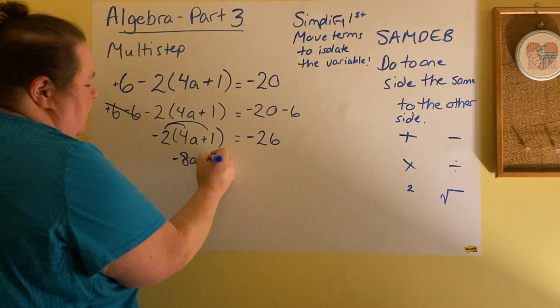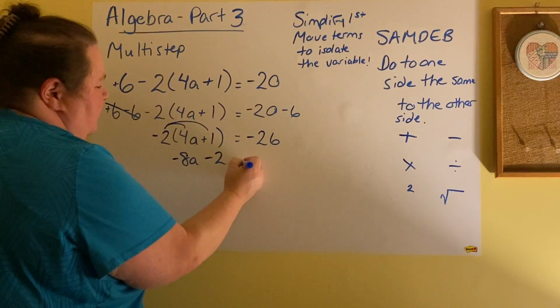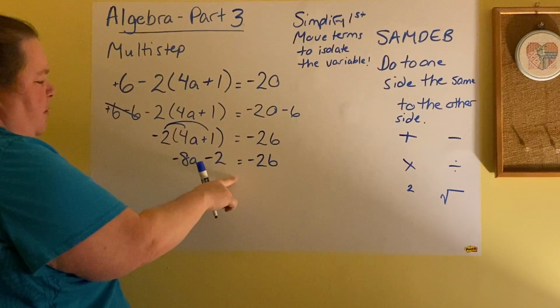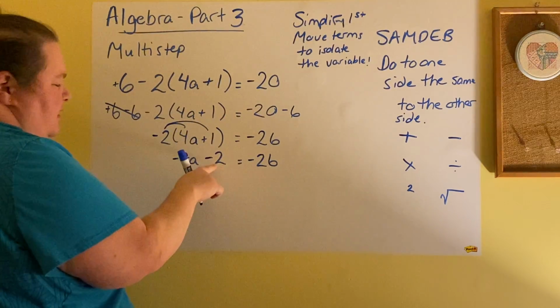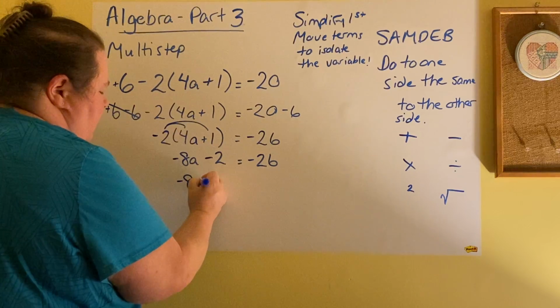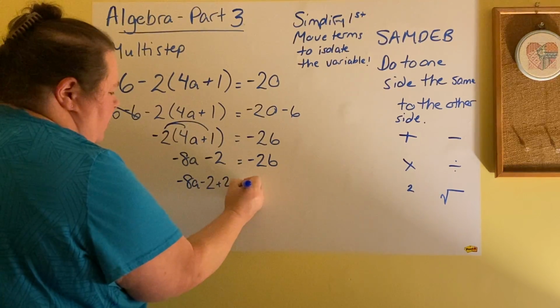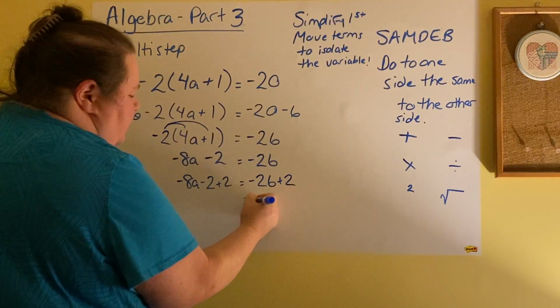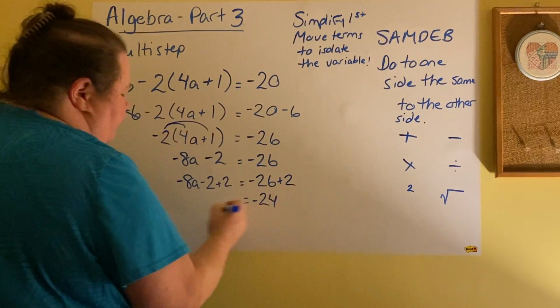Negative 2 times a positive 1 leaves me with a negative 2. Now, at this point, I can move that subtract 2 by adding 2 to both sides. So if I add 2, I should end up with negative 24.